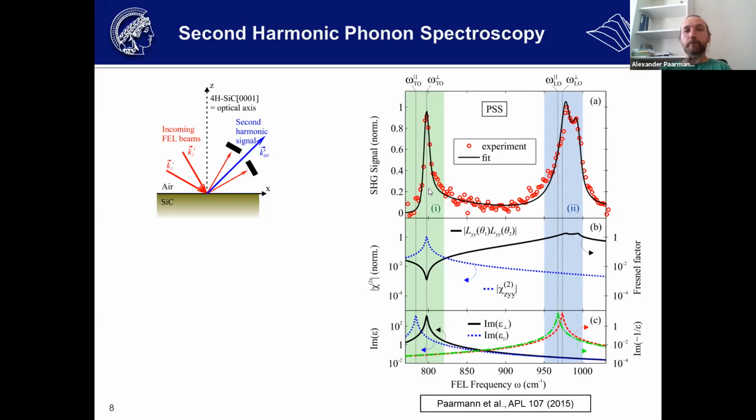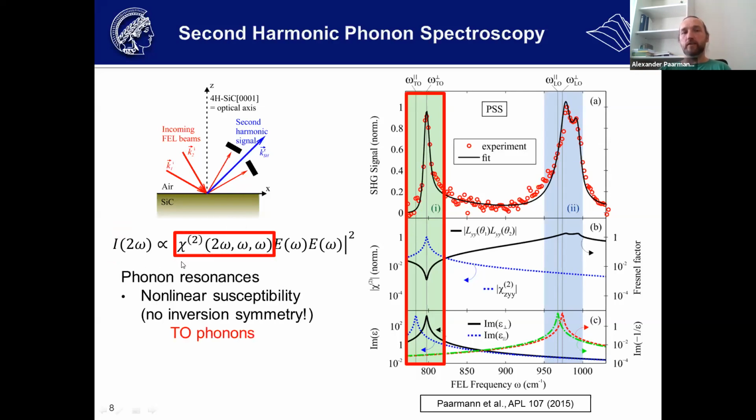And then if you look at what actually makes this second harmonic signal, you see that it has two major contributions. One is the nonlinear susceptibility, the so-called Chi2. And I should mention here that silicon carbide has broken inversion symmetry. This is very important for us, because typically second order nonlinear spectroscopy will have zero signal from the bulk if your crystal is inversion symmetric.